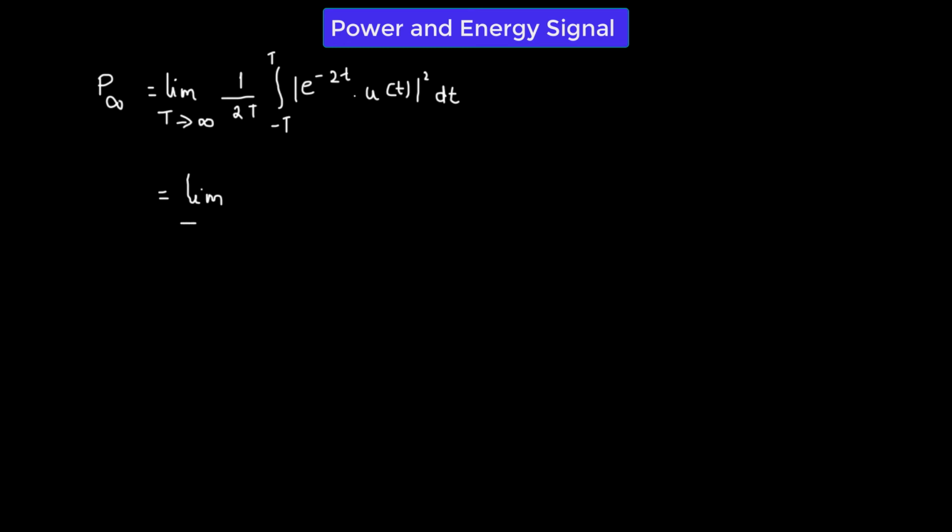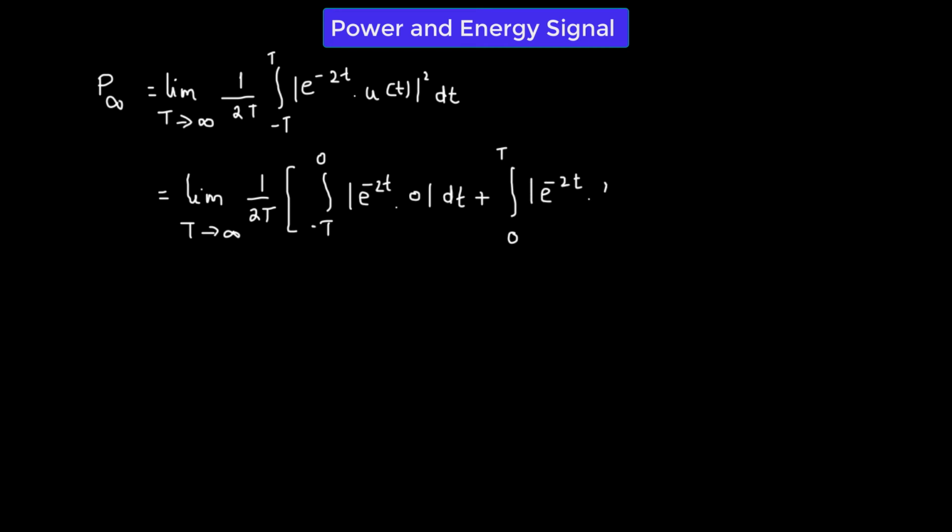So we can break down the integral. The first integral has limits from negative T to 0, which is simply e raised to the power of negative 2t times 0 dt, plus the integral from 0 to T of e raised to the power of negative 2t times 1.